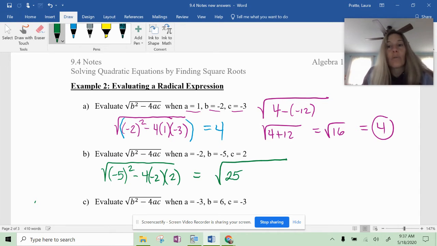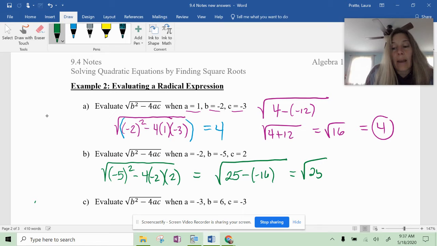Be careful. Make sure you remember when you square a negative, it's a positive. A lot of people make a mistake with that. Then we have minus, and then 4 times -2 times +2 is going to be -16. So when I do 25 plus 16, I end up with 41.